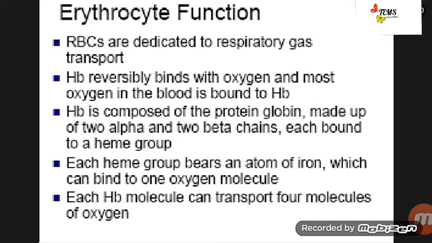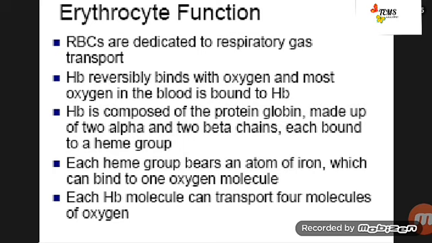Hemoglobin reversibly binds with oxygen, and most oxygen in the blood is bound to hemoglobin. Hemoglobin is composed of the protein globin, made up of two alpha and two beta chains, each bound to a heme group.